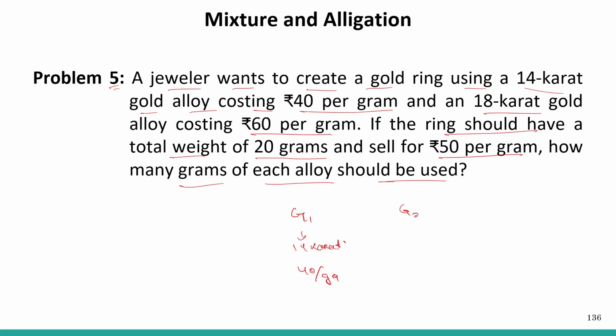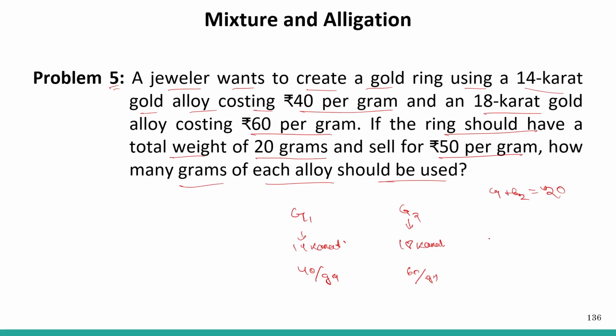And we have G2, the gold of type 2, that is 18 karat gold, and it costs 60 per gram. We want to make the ring using these two. The total weight must be 20, so G1 plus G2 must be equal to 20, and it sells for 50 per gram.